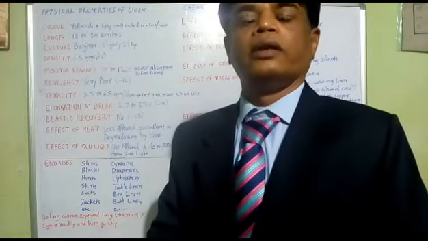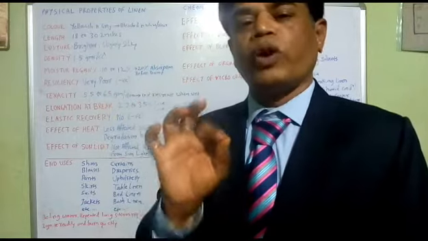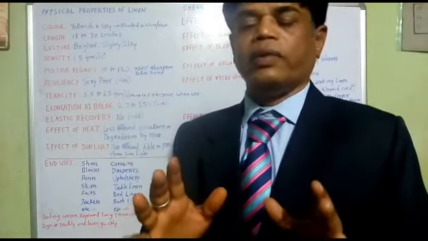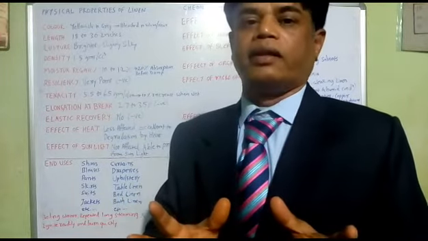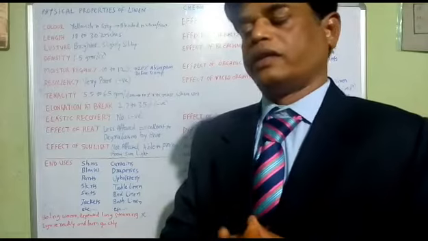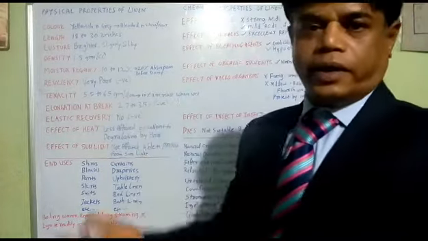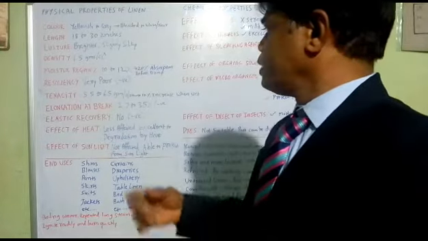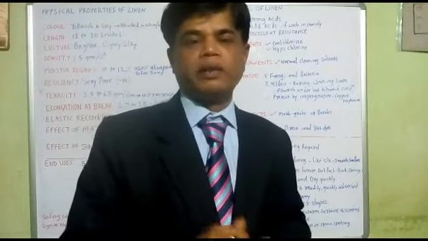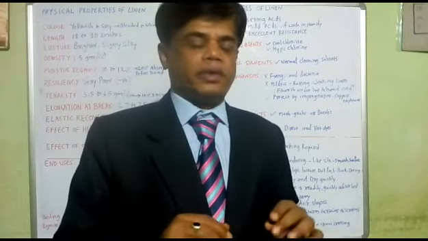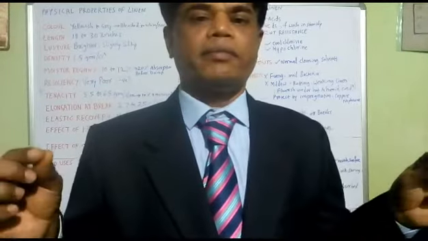That means the wet or moistened fiber, absorbed with the water particles, has more strength, 10% more strength compared to dry. And another important thing in case of linen compared to other fibers: most fibers have elasticity in nature.